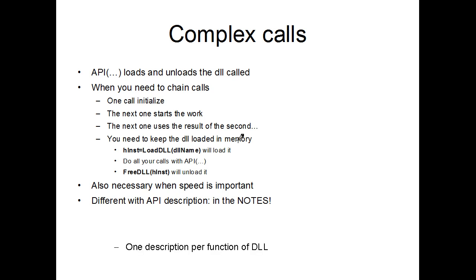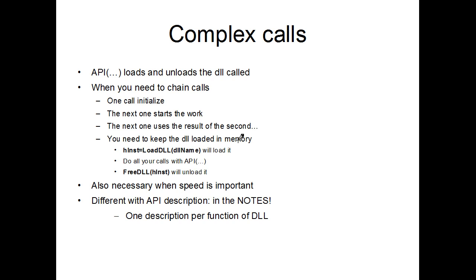Well, first, of course, the first thing is kind of obvious. You need one description, one variable per function of the DLL. It's not one variable for each DLL, it's one description per function. If you're calling several functions, then declare several variables. Otherwise, reusing the same one is going to be a huge waste of time.